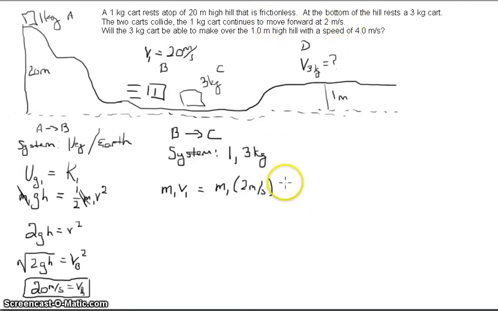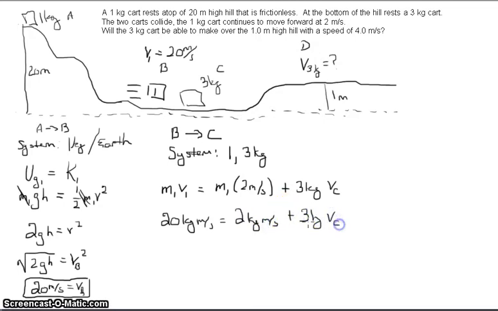Okay, we need to know the velocity of the 3 kilogram mass after the collision, which is at point C. So the mass times the velocity: the mass is 1 kilogram, so the total momentum would be 20 kg m/s. This will equal 1 kilogram times 2, which is 2 kg m/s, plus 3 kg times the velocity at C. Subtract 2, we get 18.